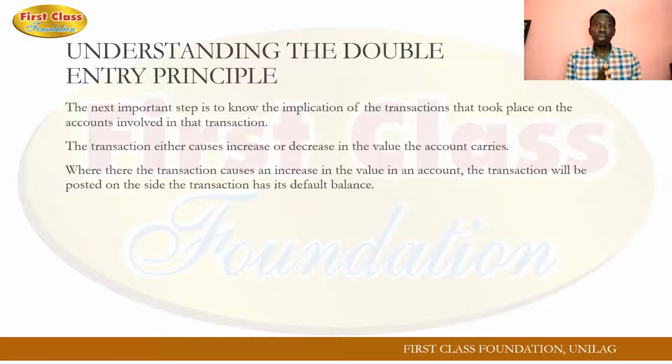Now let's take a practical example. Let's assume that in a filling station there is an in and out entrance, and let's assume that there are people at those entrances taking inventory of those who are coming in and those who are going out. So when somebody enters the filling station through the in gate, it means that there is an addition to the number of vehicles in that filling station.